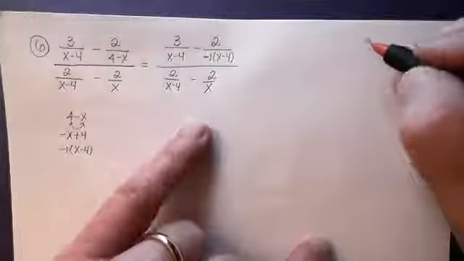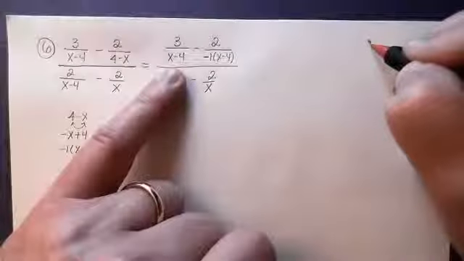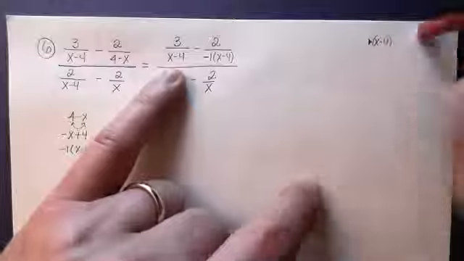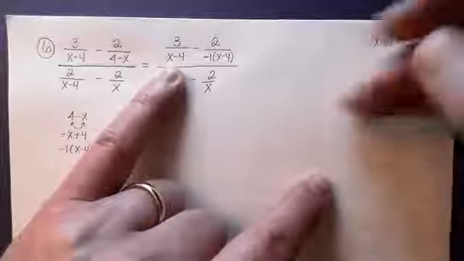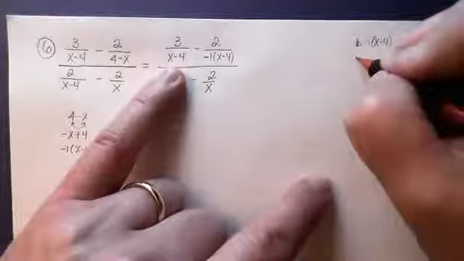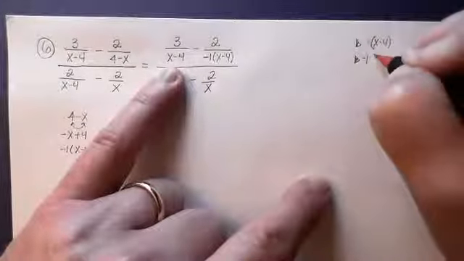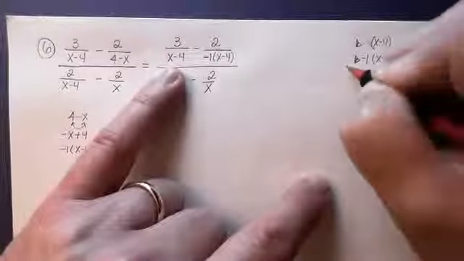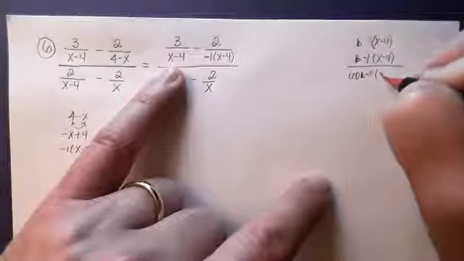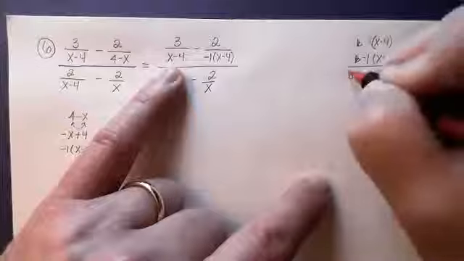So on the side of the paper, I'm going to line up the denominators. I have x minus 4 for the first, and for the second one, I have negative 1 x minus 4. So that means my LCD is negative 1 x minus 4.